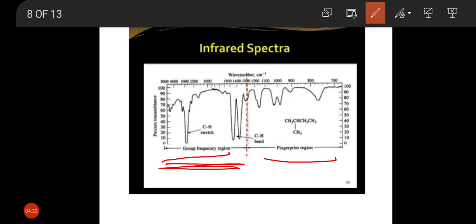In the functional group region, we see individual and clear peaks. Now see the fingerprint region. In the fingerprint region we see multiple peaks.